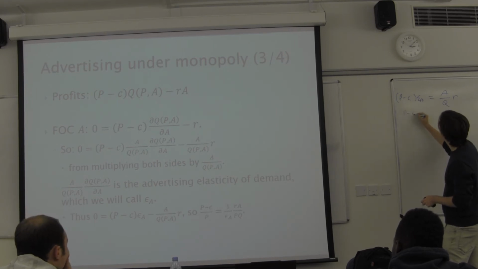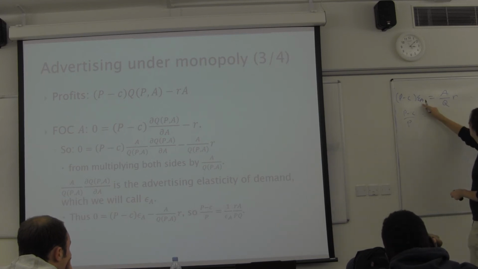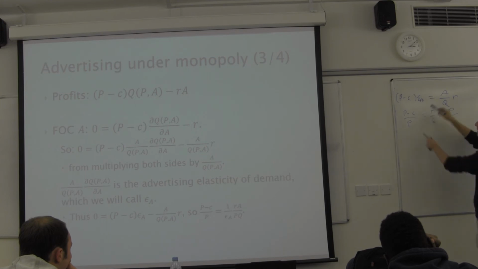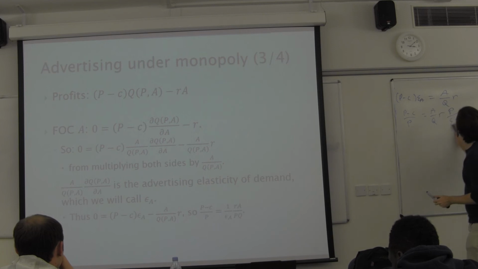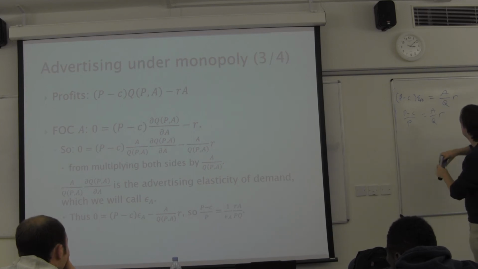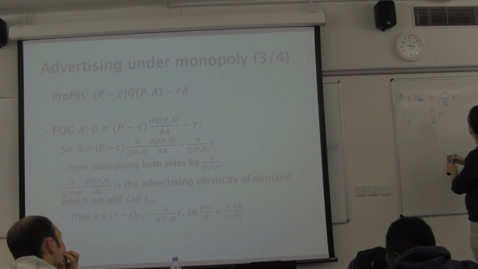So price minus cost over price is going to be this thing divided by epsilon A divided by P, that is A over Q times R over P times epsilon A. We just divided by P and divided by epsilon A. No, sorry, I've got this wrong. So we divide both sides by P times epsilon A.